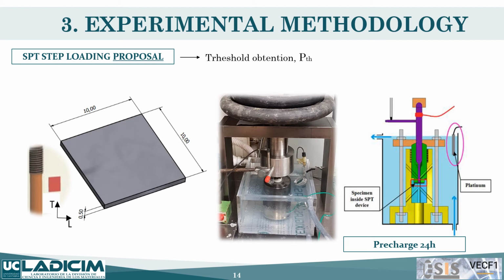Then the sample is introduced in between two rigid clamps inside the environment as shown in the figure and in the schematic. And then load is applied on the top of the punch, which is then transmitted to the sample.